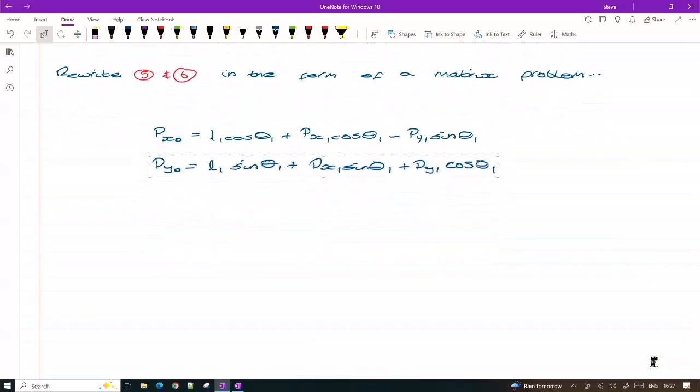Okay, so we've got two expressions, and we can re-express that, rewrite that in the form of matrices.